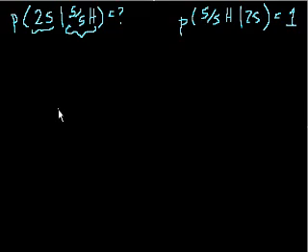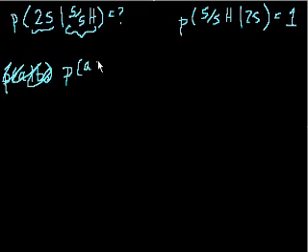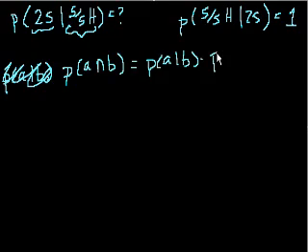From before I cleared this, we know that the probability of A and B happening is the probability of A given that B happened times the probability that B happens, right?